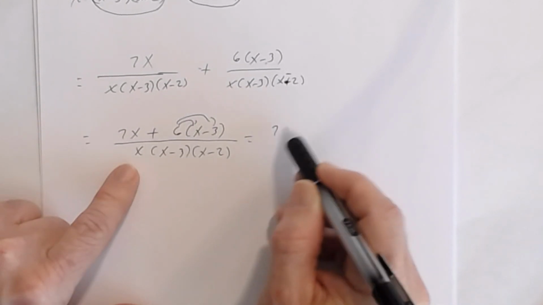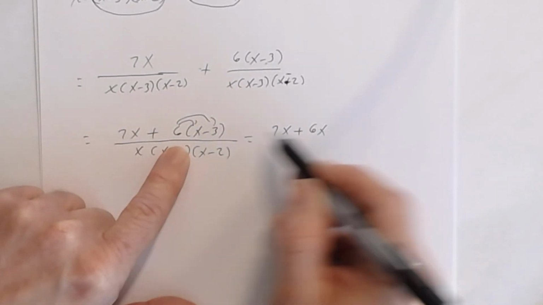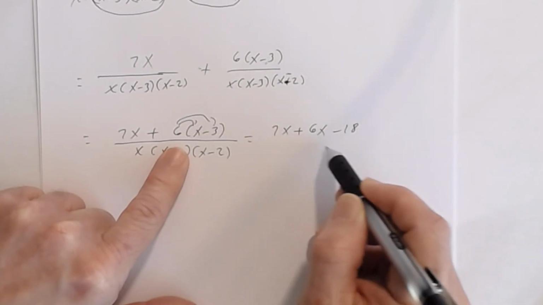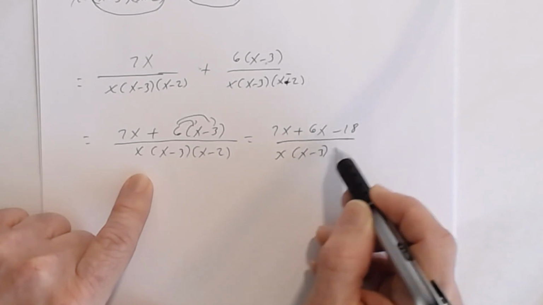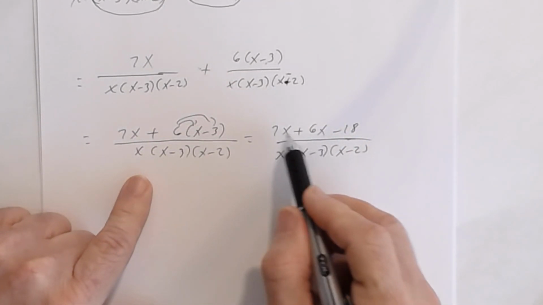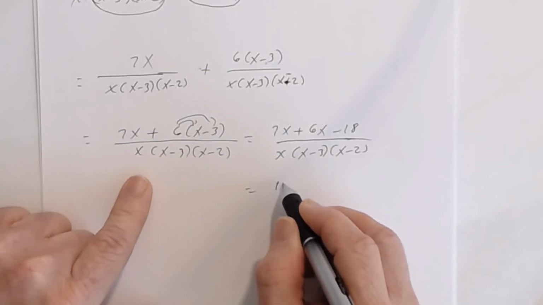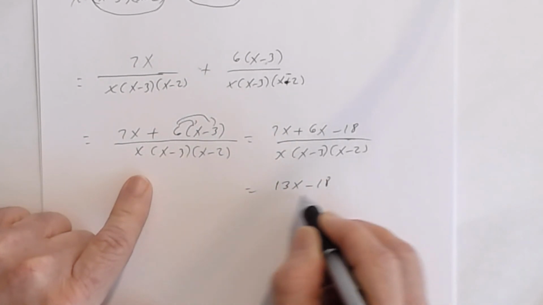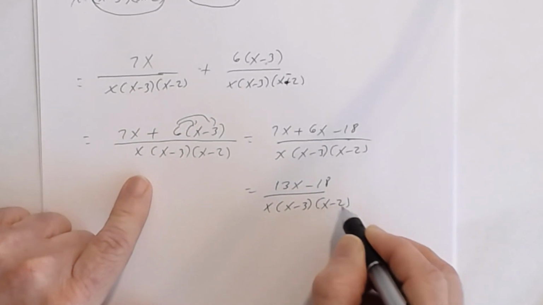You get 7x plus, and then 6 times x is 6x. 6 times a negative 3 is a negative 18. Divided by x times x minus 3 times x minus 2. Combining like terms, 7x plus 6x is 13x. 13x minus 18 divided by x times x minus 3 times x minus 2.